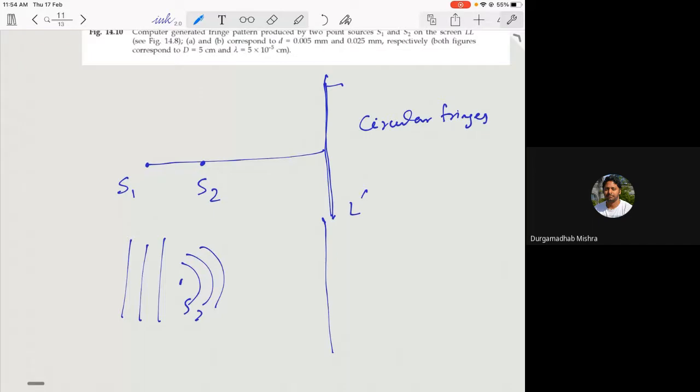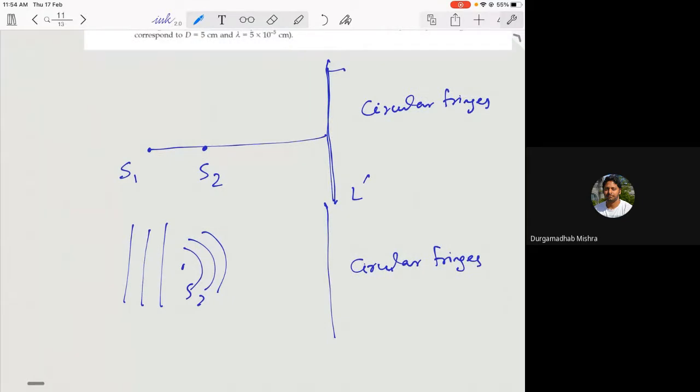Yes, you will see again circular fringes, very similar to the first case. It doesn't matter whether the wave fronts are spherical or plane. As long as you have two coherent sources, they will interfere. The fringe pattern might be different depending on the geometry and so on, but nevertheless, you will always have this interference.